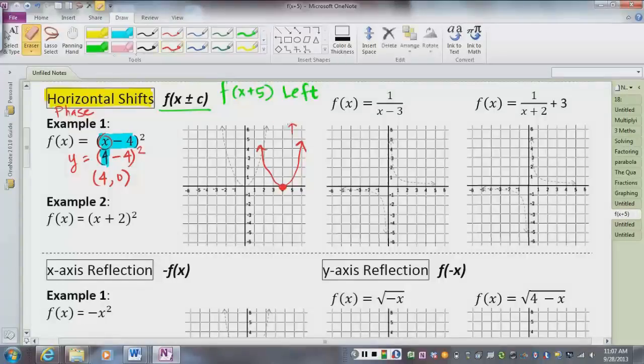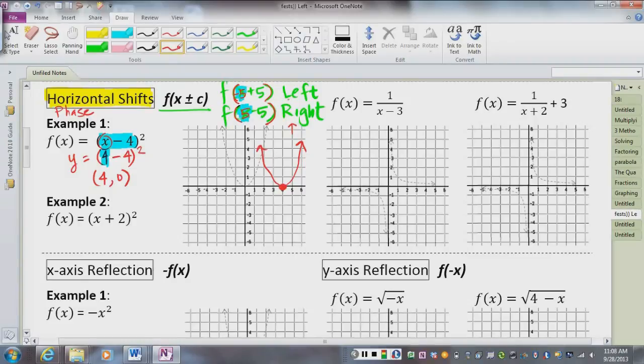And if I have f of x minus 5, I'm moving right. But what I want you to do is think, well, how could I make this become 0? How could I get this stuff in the parentheses to equal 0? Well, this equals 0 when x is negative 5. This equals 0 when x is positive 5. That's what forces the shift to the right, and that's what would force this shift to the left.